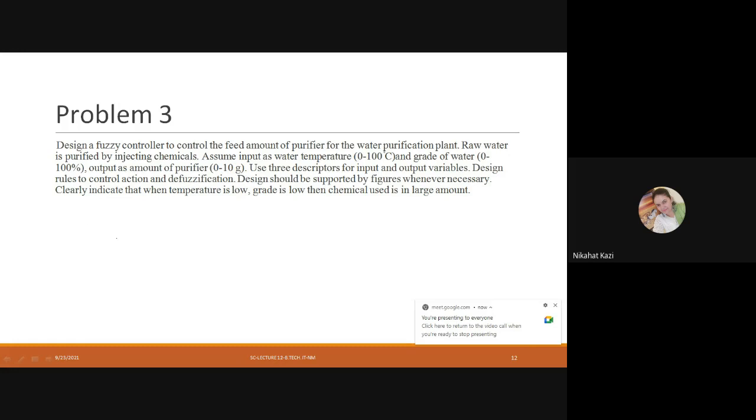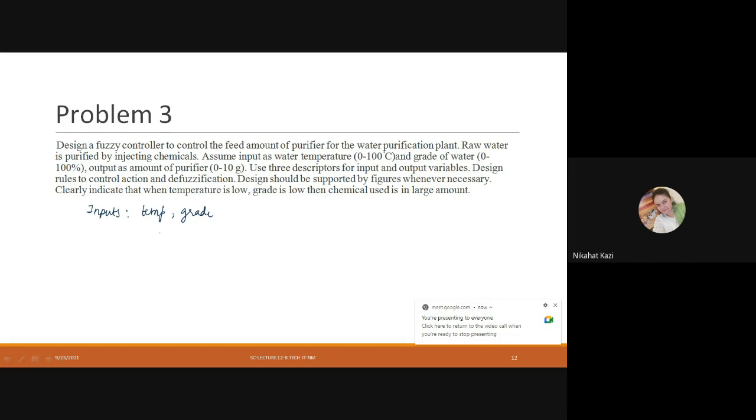How many rules? Come on. There are two inputs. What are the two inputs? Water temperature and grade of water. The temperature of water and the grade. Okay.